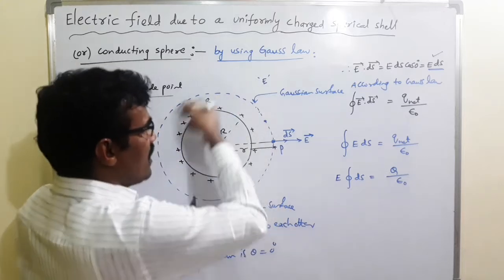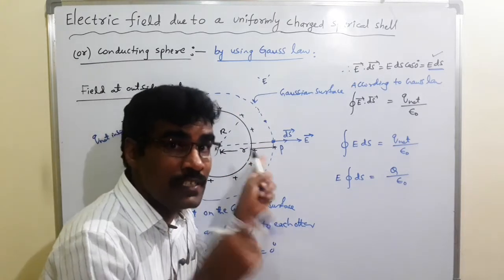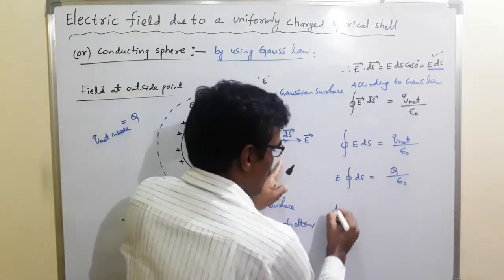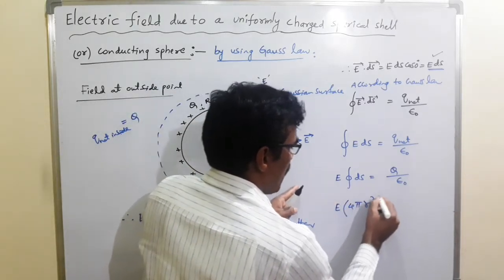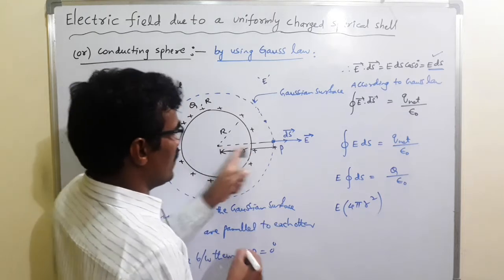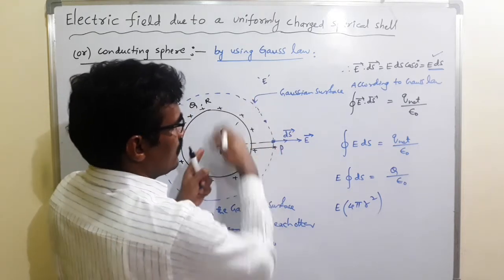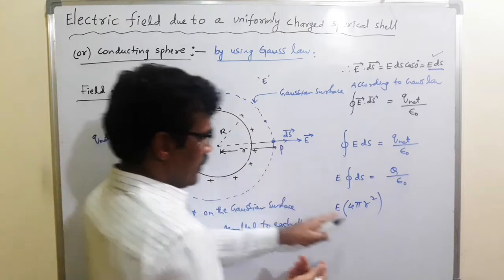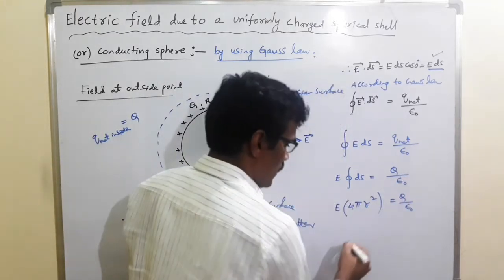What is the radius of the Gaussian surface? Small r, not capital R. The shape is spherical, so E times 4 pi r square equals Q by epsilon naught.